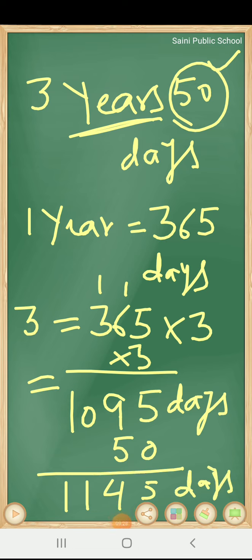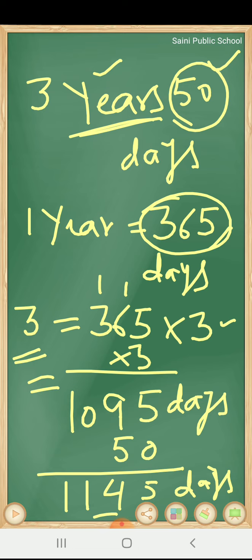So in 3 years 50 days there are 1145 days. How? We convert 3 years into days. In 1 year there are 365 days. So in 3 years, 365 into 3, we get 1095 days. But 50 days are already given to us, so we add this 50 to the number. So we get 1145 days.